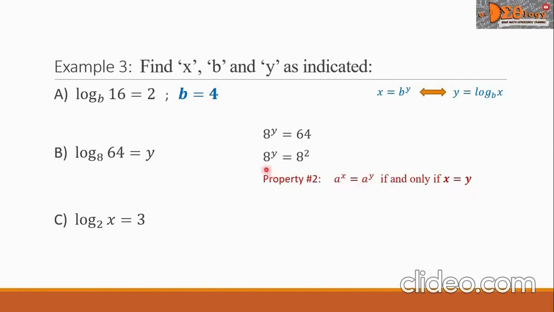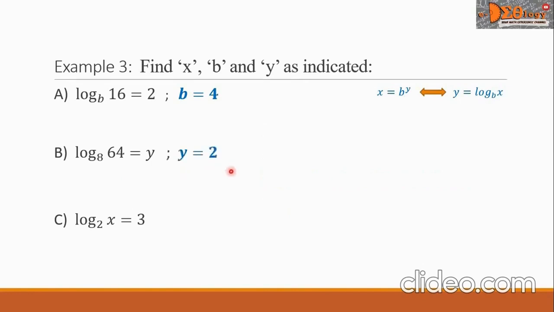I can see that I have the same base, so it means I can copy the exponent of the left side, which is y, and this is equal to the exponent of the right side, which is 2. So I have now this equation, y equals 2. And this is the value of y that I want to derive from problem B. So I'll just copy this answer opposite letter B. The y equals 2.